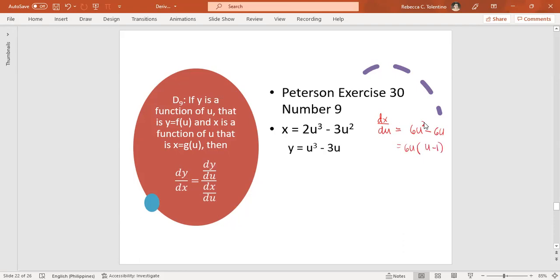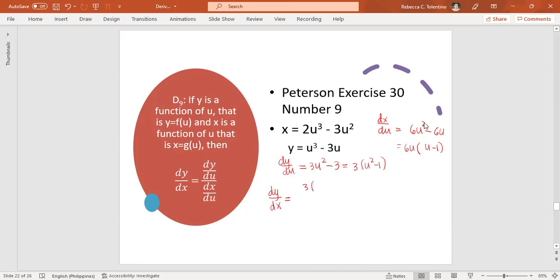So this is our dx over du, but we need to find dy over du also. Dy over du is the derivative of u cubed, which is 3u squared, minus the derivative of 3u, which is 3. So again, we factor out 3. So we have u squared minus 1. So finally, we apply the formula. Dy over dx is dy over du, so we copy 3 times the quantity u squared minus 1.